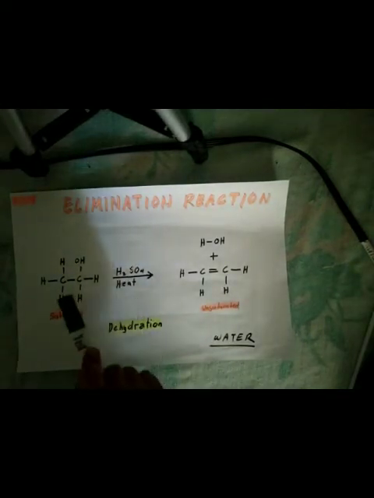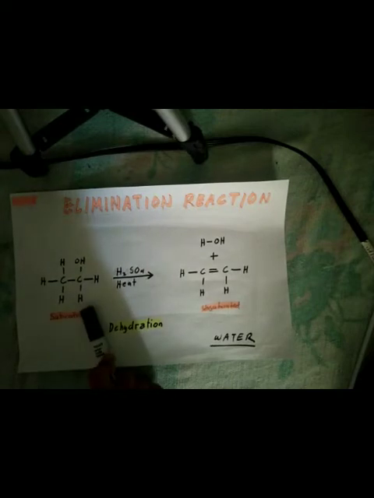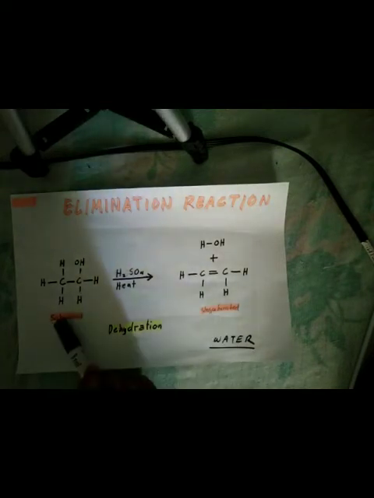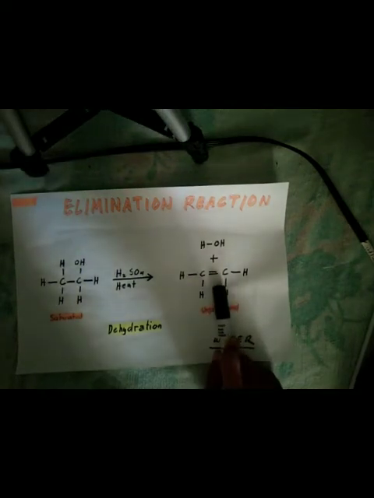So to eliminate the water in this reactant, we are going to use heat, and in this case there is a catalyst, which is the H2SO4, which we can use to get the water off this reactant. So when we remove the water from this molecule, the carbon double bond will form, resulting in a product that goes from saturated to unsaturated compound.